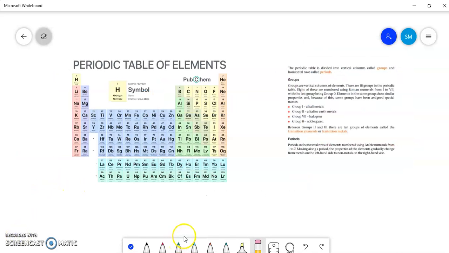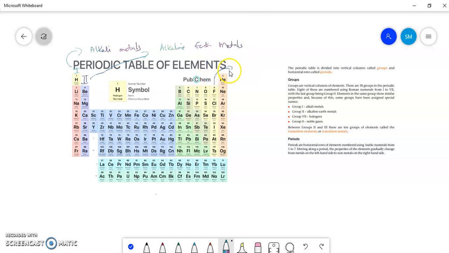On page 48 in the textbook, let us look at some of the names of the groups in particular, as opposed to the periods, which are just referred to as period 1, 2, 3, 4, etc. Some of the groups have particular names. For example, group 1 here is referred to as the alkali metals. Group 2 is also referred to as the alkaline earth metals.